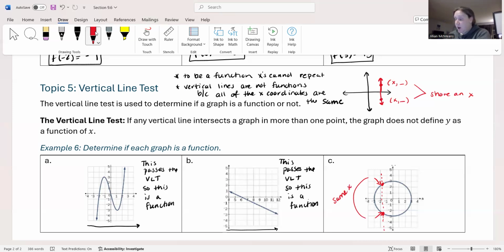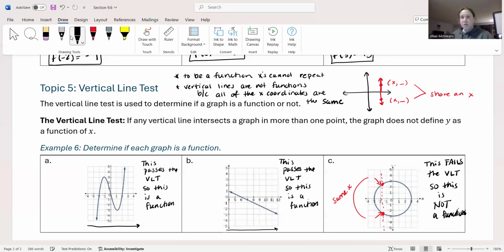At this vertical line it fails, and just about every other vertical line we could draw on this graph is going to fail, because we touch the graph more than once, just about everywhere except the very edges of this graph. So this fails the vertical line test, so this is not a function.